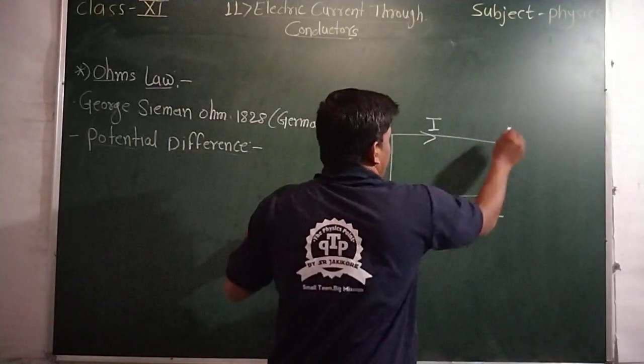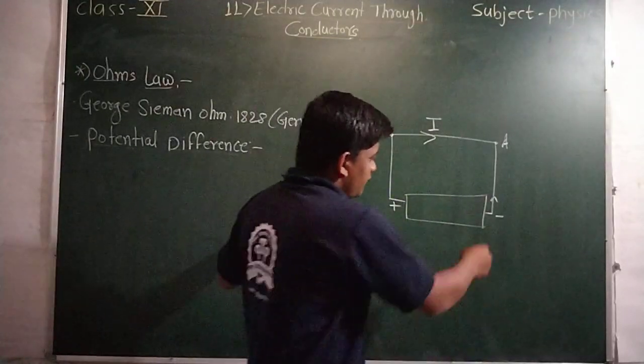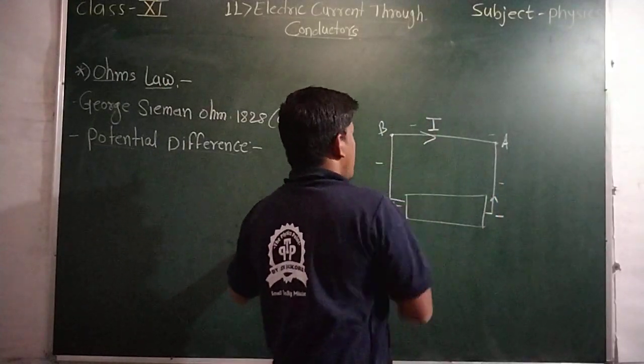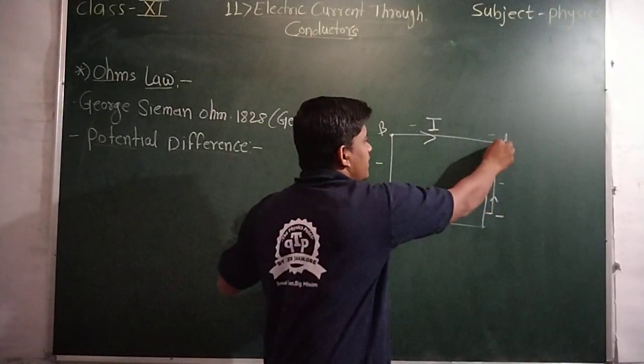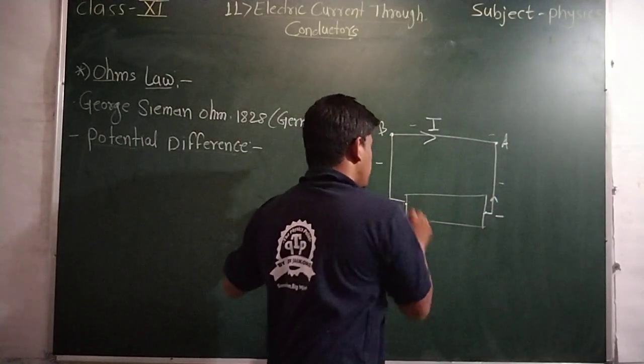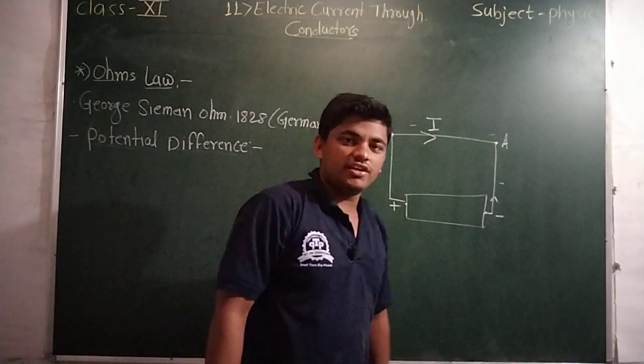This is point A and this is another point B. The negative charge flows in this direction and completes one cycle from this point to this point, due to the force of attraction of the positive charge on the negative charge.